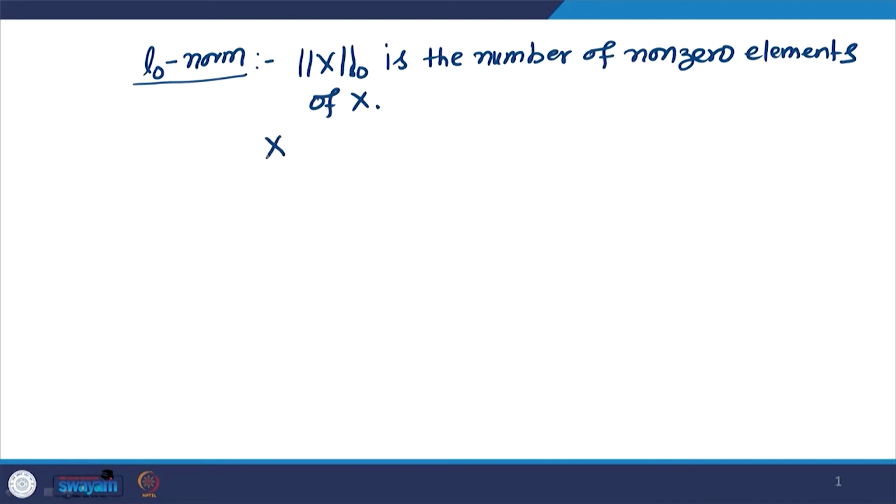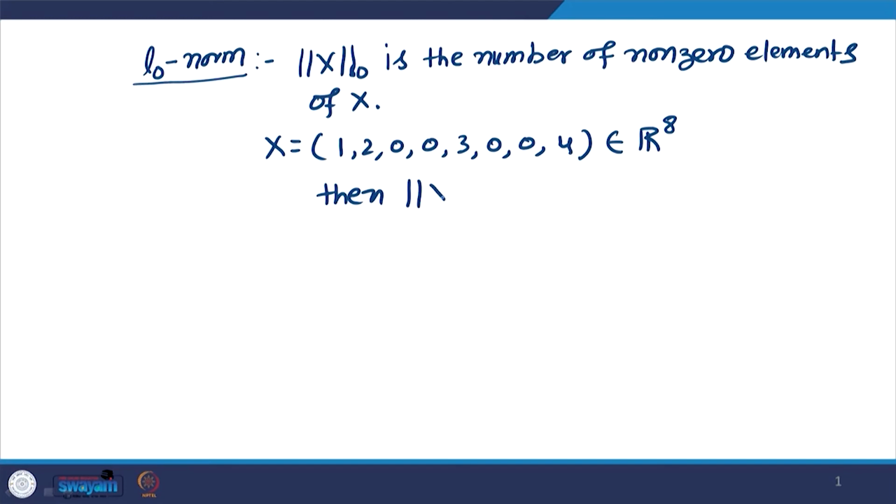That is, if you are having a vector x like this, 1 2 0 0 3 0 0 4, belonging to R 8, then what is the 0 norm of this vector? It is the number of non-zero elements in this vector.